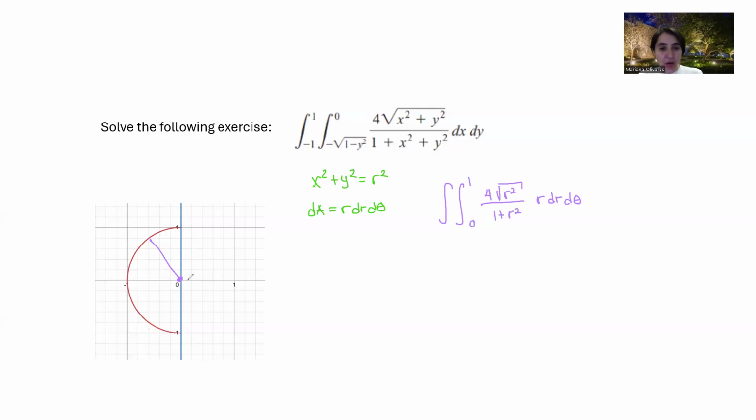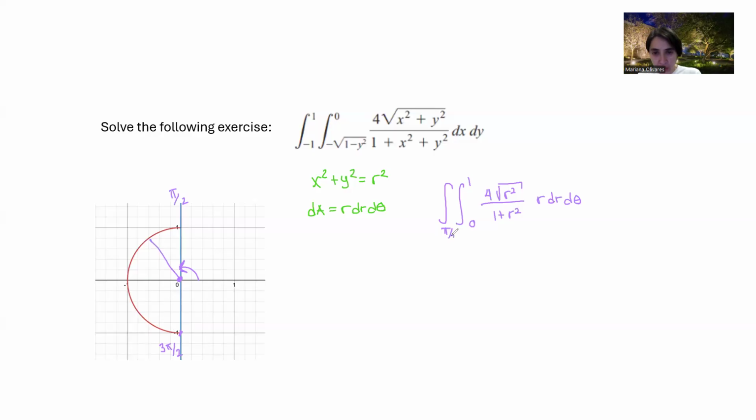And the angle, remember that always is measured from the x-axis. So in this case, we are starting not here, but at this line here, which is 90 degrees or pi halves. And we are ending here. And here is half of a circle that is going to be 3 times pi halves, or minus pi halves. So with that, we get our limits of integration.